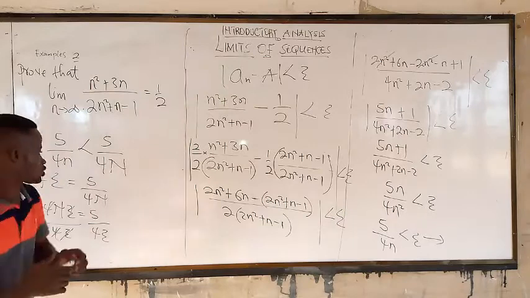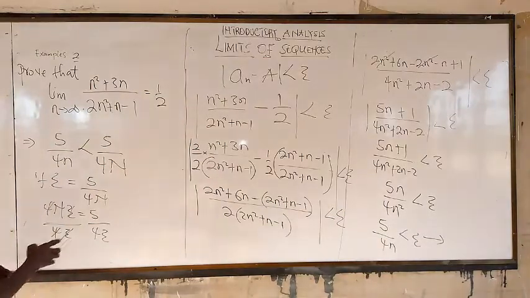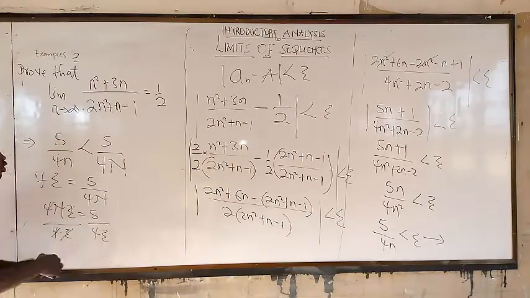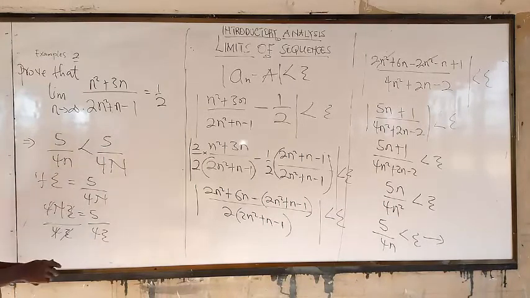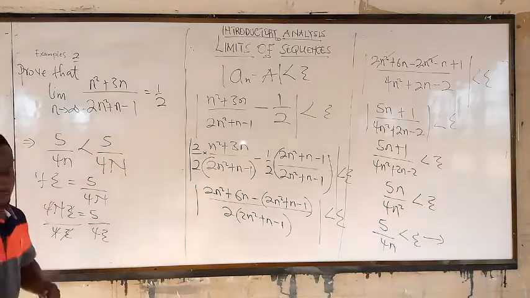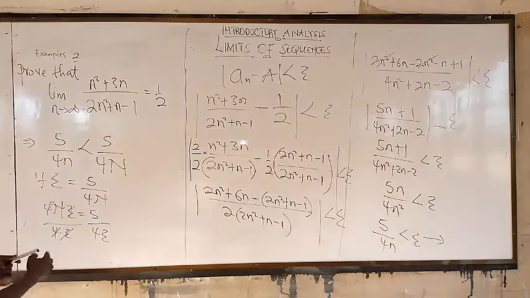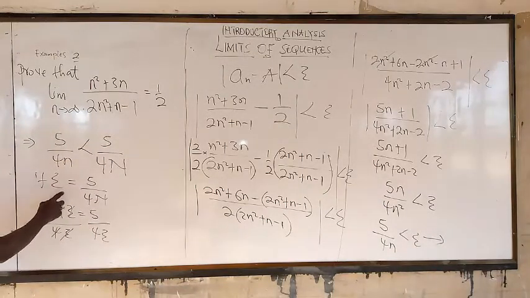Now watch, 5 over 4 epsilon. It's not the same as this. If I were you, I won't be doing this. If this is equal to this, then make capital N the subject.